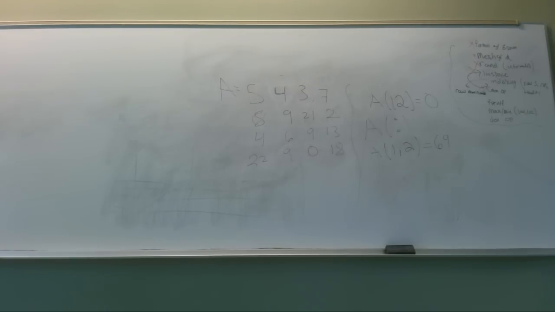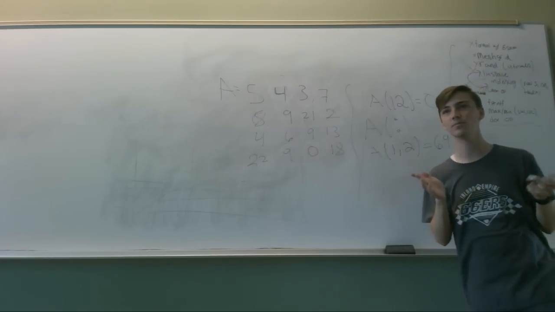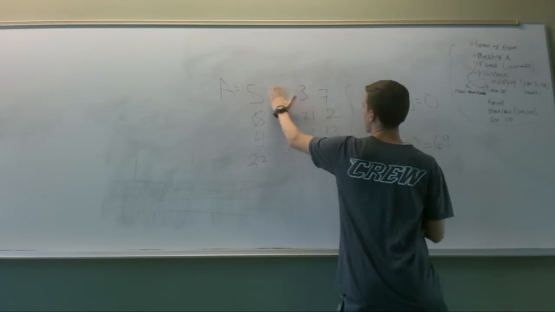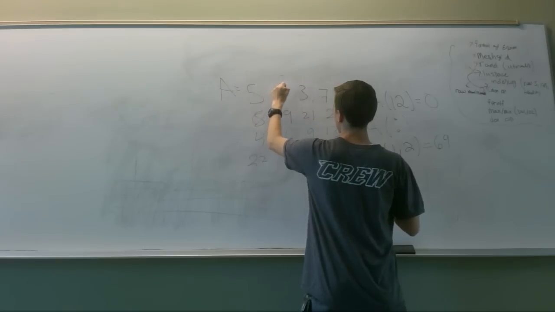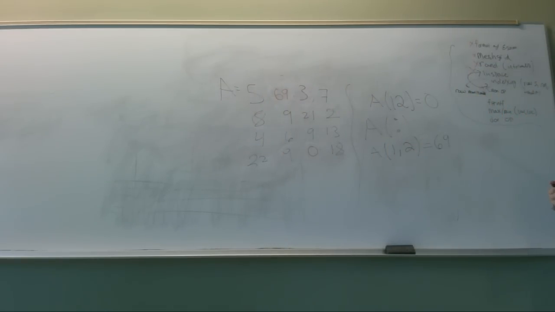Yeah, that's what it'll do. So it'll take row 1 and column 2, and at that intersect, it'll be replaced with 69. So this right here is going to be 69. All right. What else could we do? Do we have any questions about replacing values?